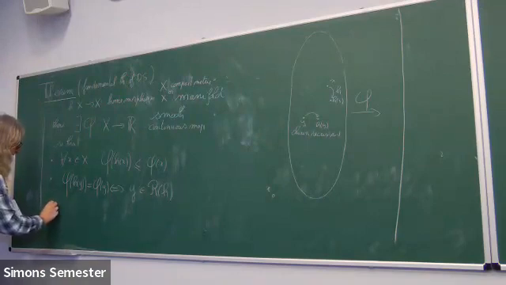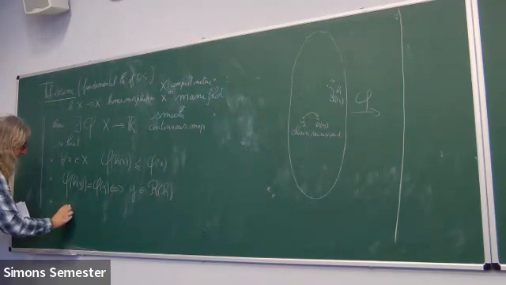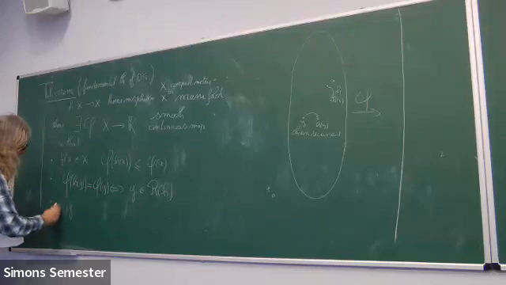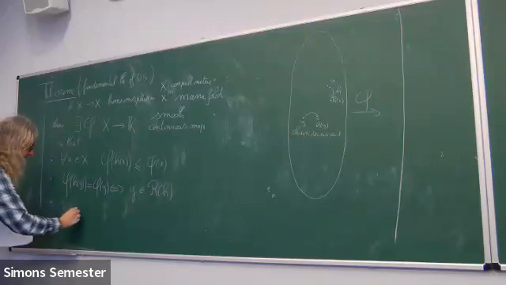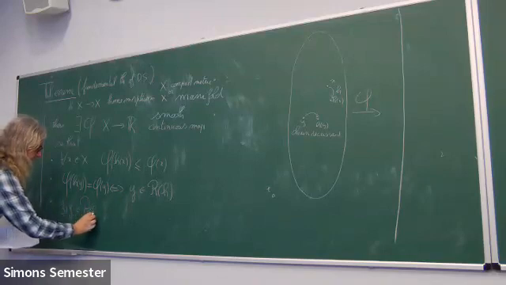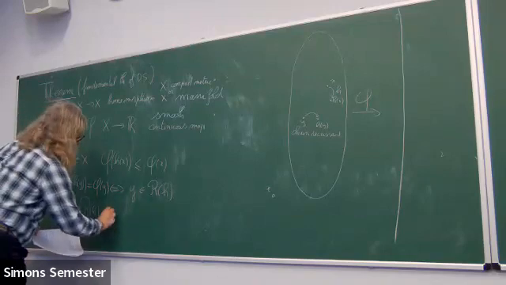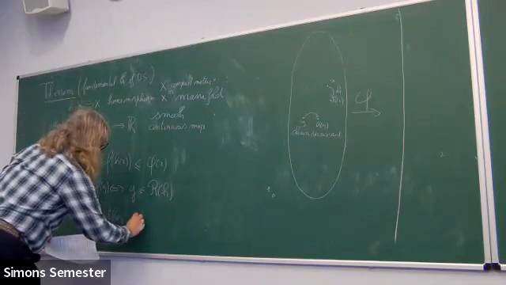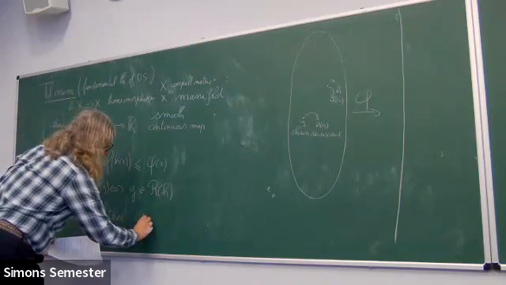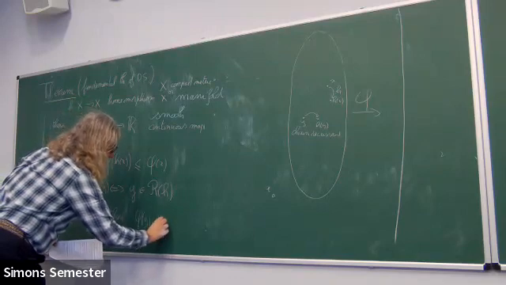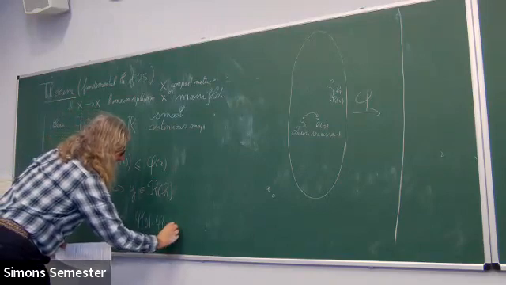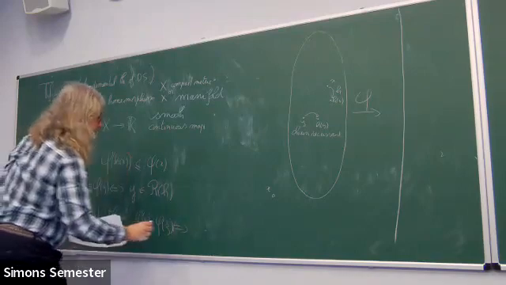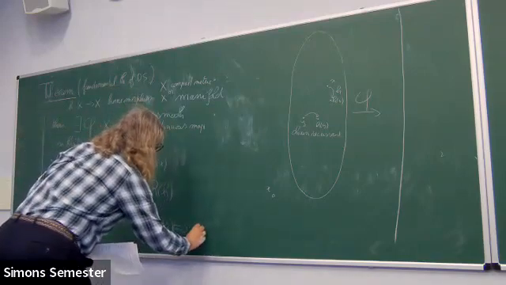If you have y and z which are chain recurrent, then they have the same image, phi of y is equal to phi of z, if and only if they are in the same class.